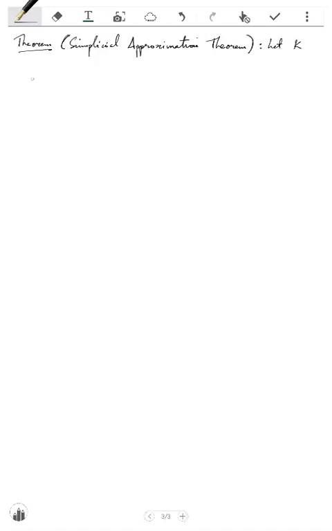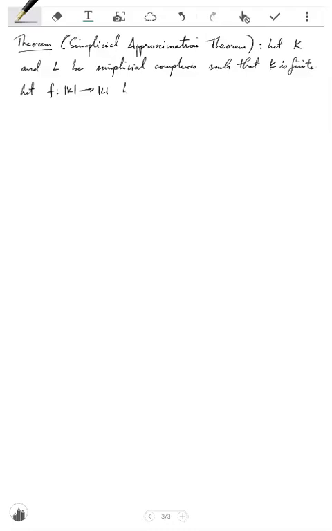Let K and L be simplicial complexes. Say that K is finite. Let f from the geometric realization of K to that of L be a continuous map.